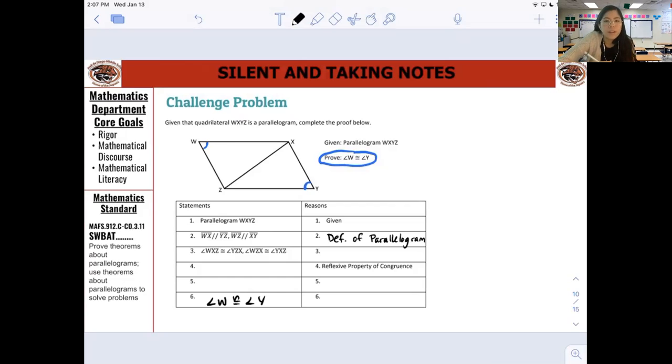Okay. Step 3. So let me fill in what I know so far. Now I know that these are parallel and these are parallel. I don't know about those yet.